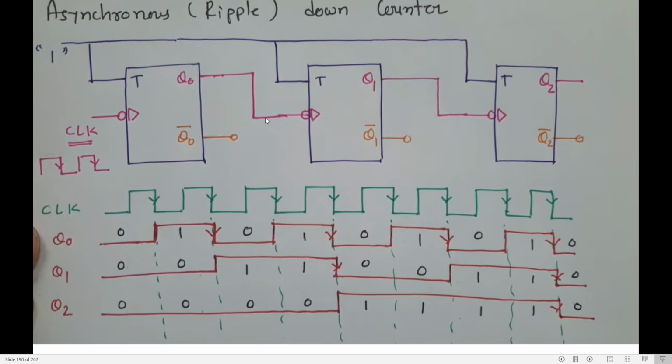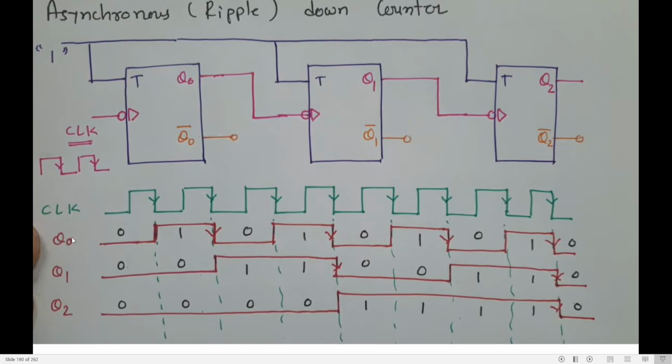Q naught is acting as a clock. So for Q1, I should leave this clock and treat Q naught as the clock. For Q1, Q naught will act as a clock.